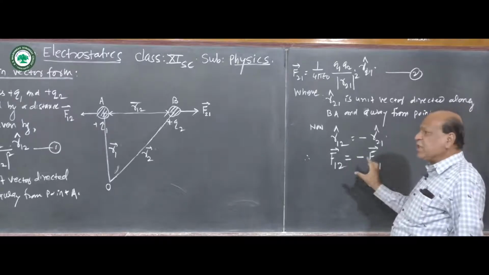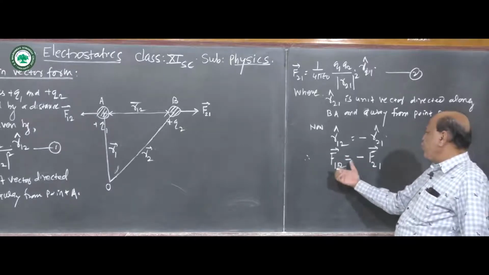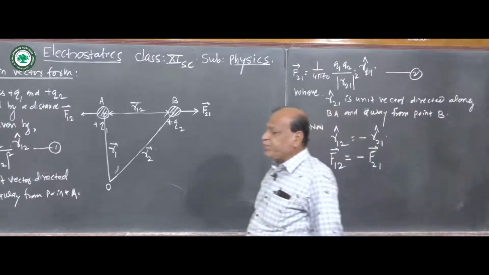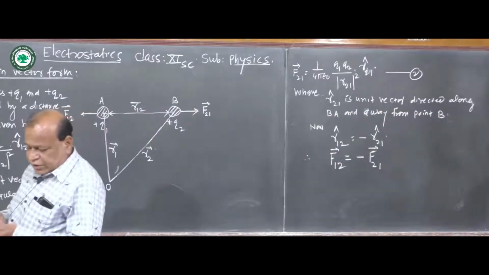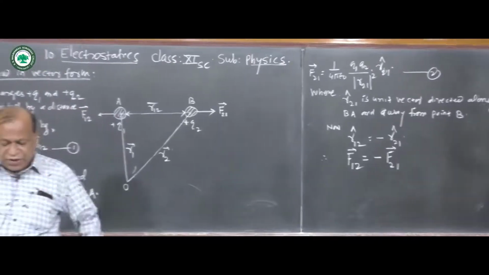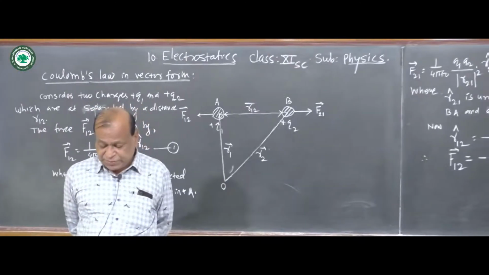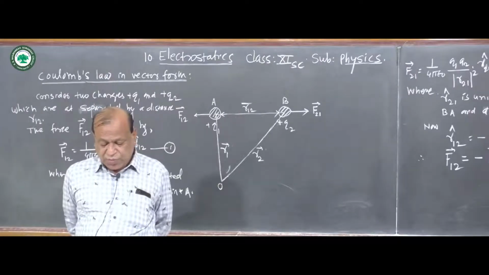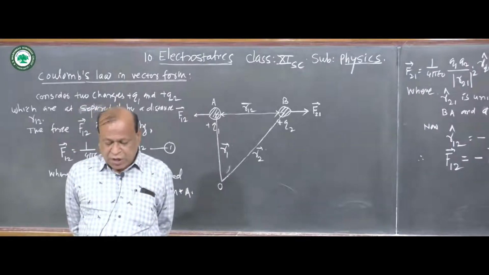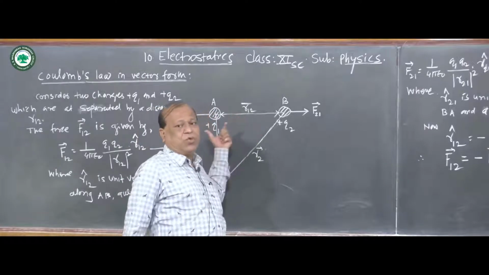Their directions are opposite, therefore F12 is equal to minus F21. This indicates that the two charges experience forces of equal magnitude and opposite in direction, and these forces form an action and reaction pair, and so the electrostatic force is a central force.